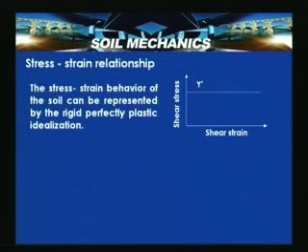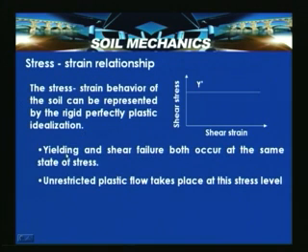So the stress strain behavior of the soil can be represented by the rigid perfectly plastic idealization. That means yielding and shear failure both occur at the same state of stress, and unrestricted plastic flow takes place at this stress level itself.